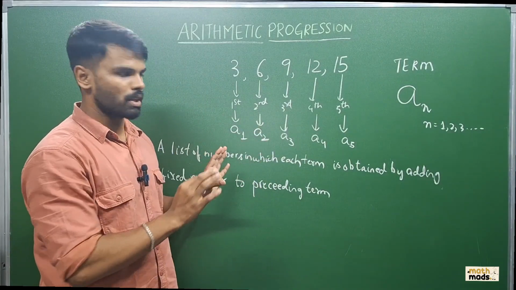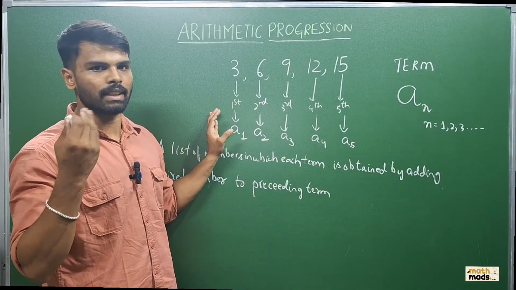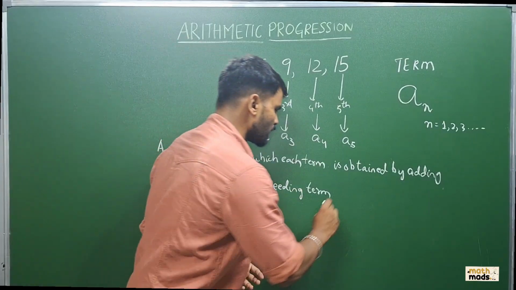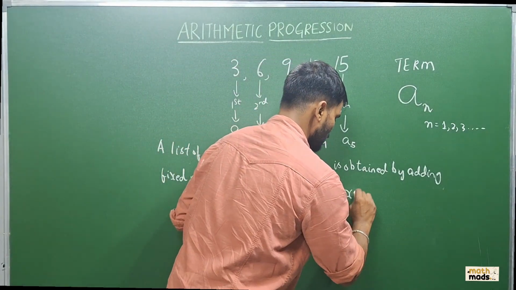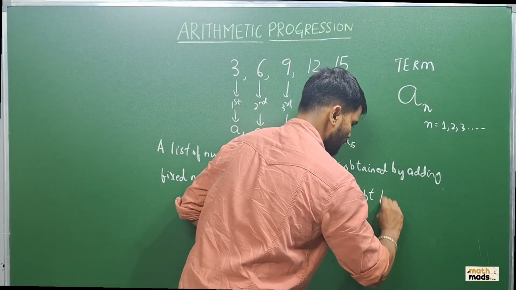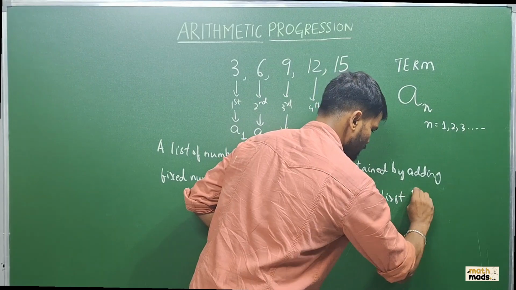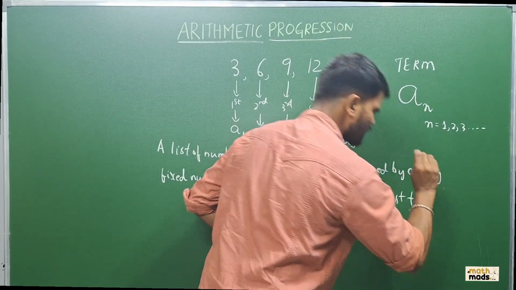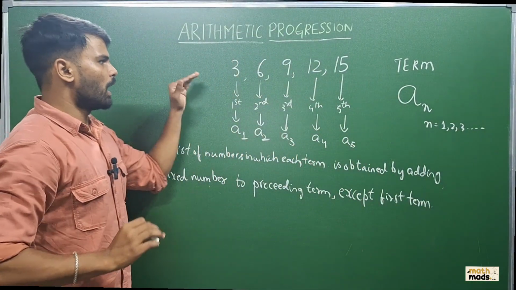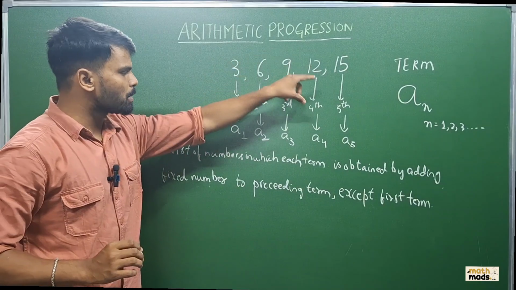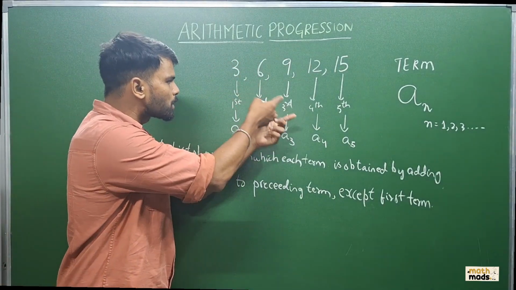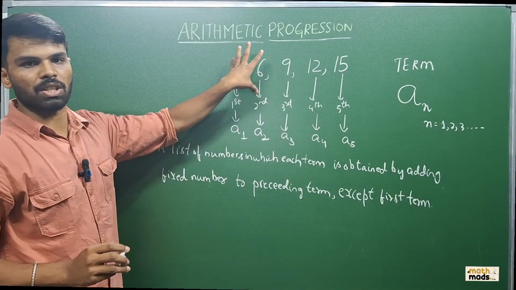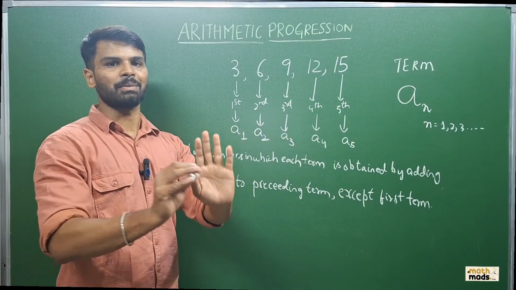For a1, you are not adding anything. We'll just include it in the definition: we will write except the first term. Problem solved. So this is the exact definition of arithmetic progression: a list of numbers in which each term is obtained by adding a fixed number to the previous term except the first term.